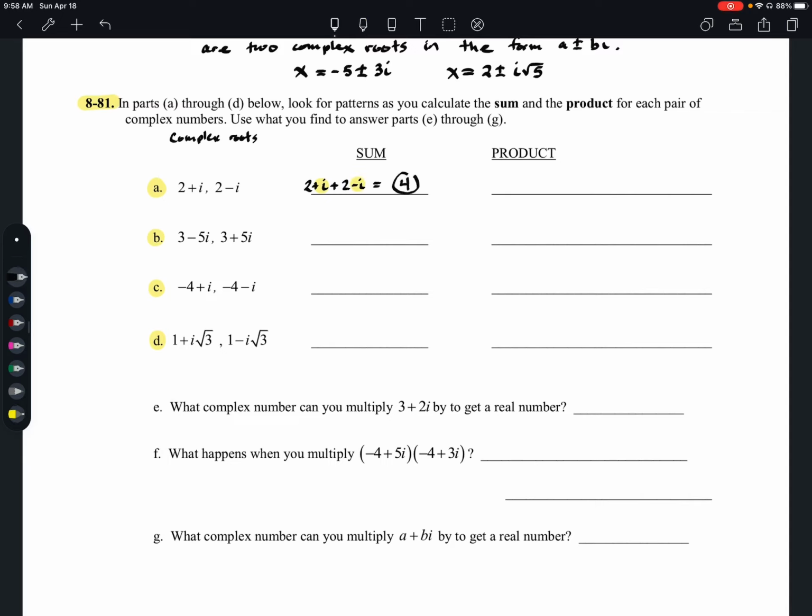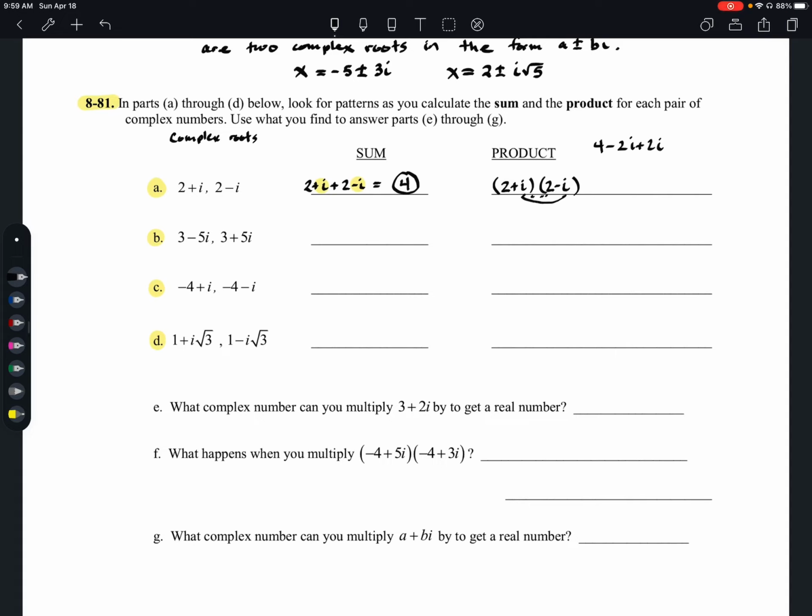Okay, so when we take the product of the roots, we have 2 plus i times 2 minus i. So when we multiply these out, we're going to have to FOIL it. So 2 times 2 gives us 4. 2 times negative i would give us negative 2i. i times 2 would give us positive 2i.